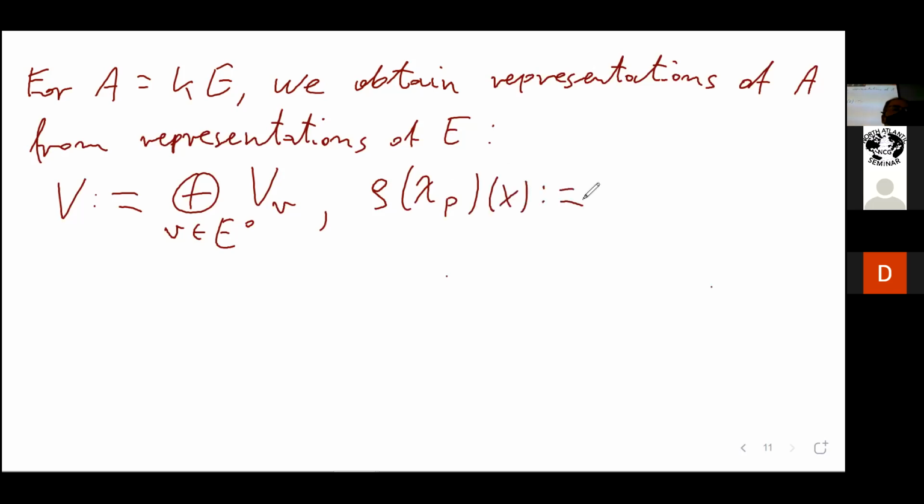And the result is as follows. It's just 0 if x is not in the direct summand labeled by the end of p, and it is phi p of x otherwise.